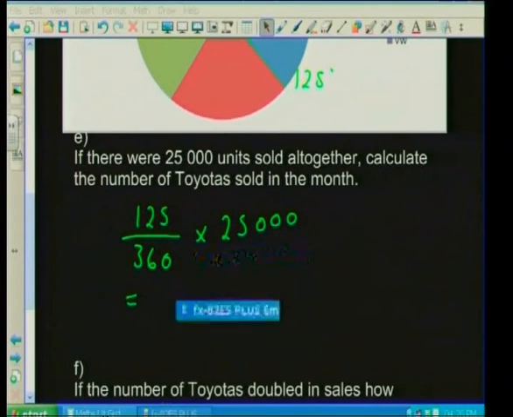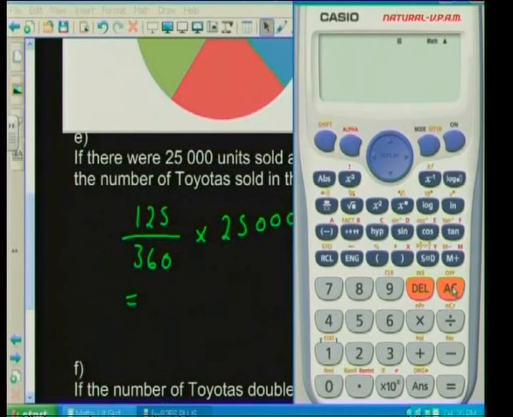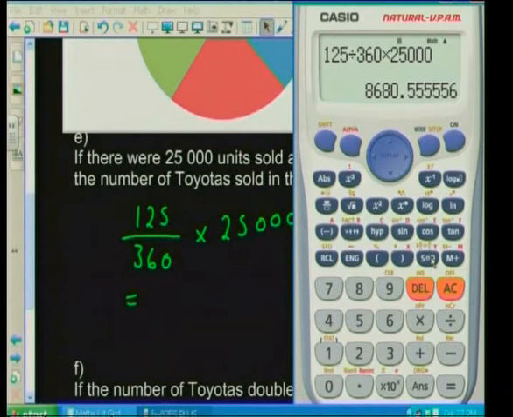So we are going to say, okay, so we've got 125 divided by 360, multiply that by 25,000 cars sold, okay, equals, and our answer is 8,680,555. Guys, I'm not going to have a comma 555 because hopefully when I go and buy a car, no salesman sells me comma 555 of a car.